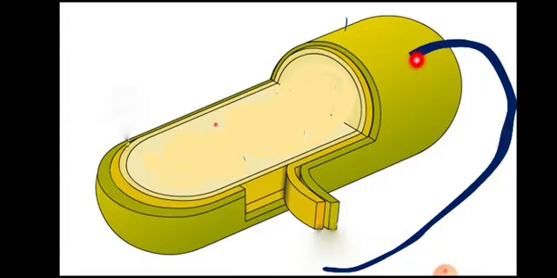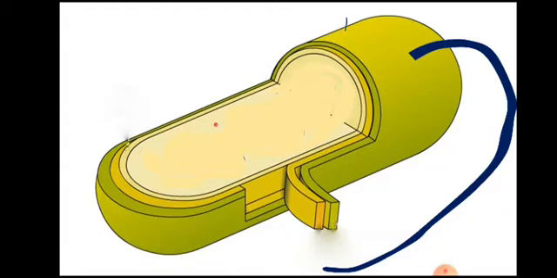And in comparison to the size of this flagellum, this is the size of this appendage. This is called a pilus. Sometimes it is called fimbriae. We'll learn the difference between pilus and fimbriae later on. So a singular appendage which is present external to the cell wall is called a pilus.